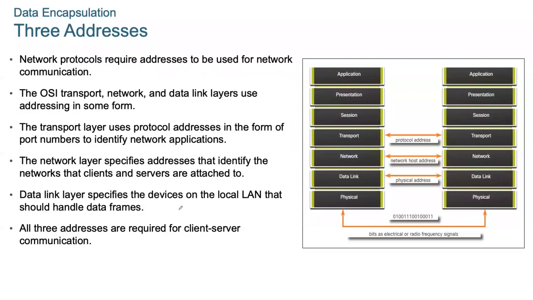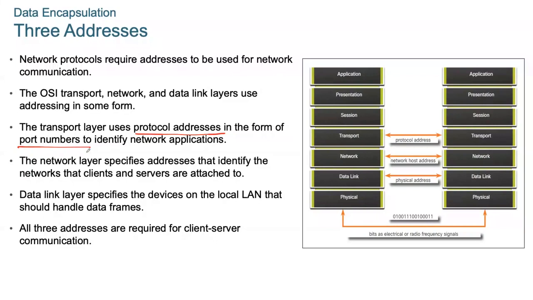So what happens? When it is network operated, they need to identify the devices in the network. How to identify? They must have an address. The transport layer uses protocol addresses in the form of port numbers.